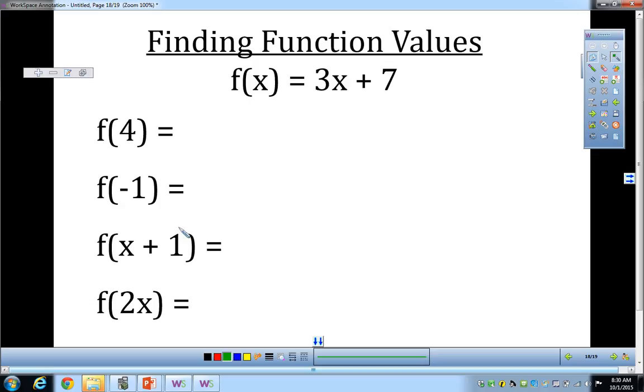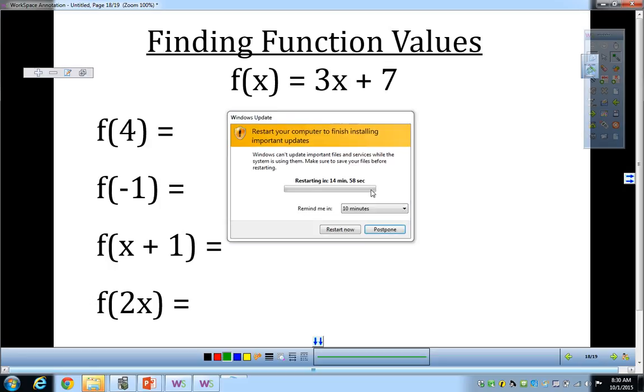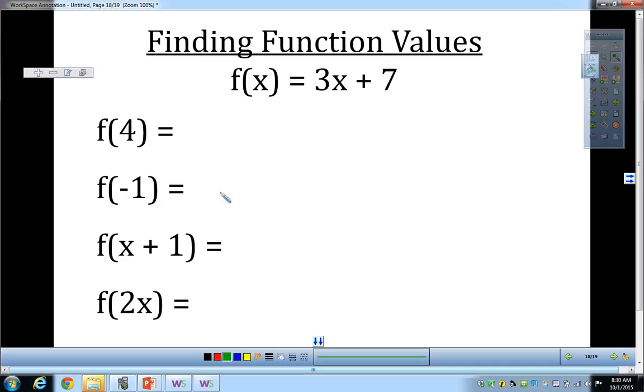You're on a roll. 4. Is that right? Yes, because that's 3 times negative 1, plus 7 gives you out 4.